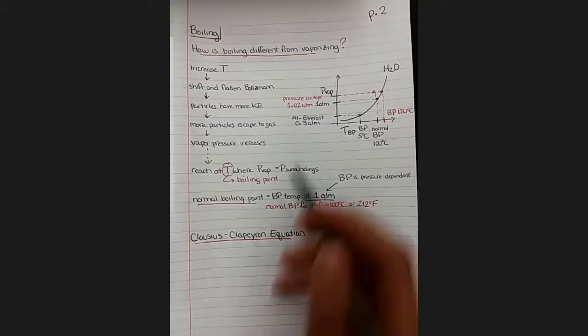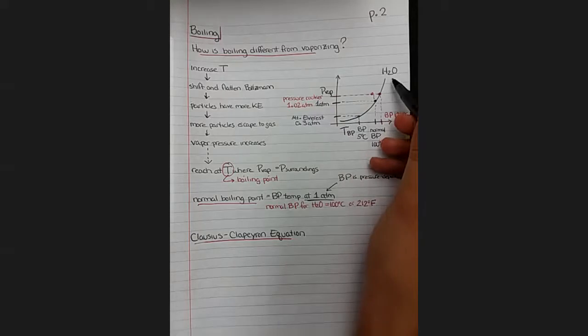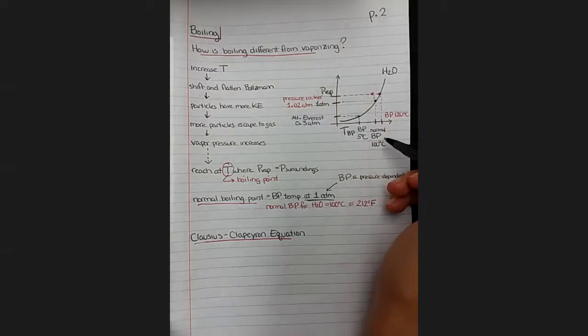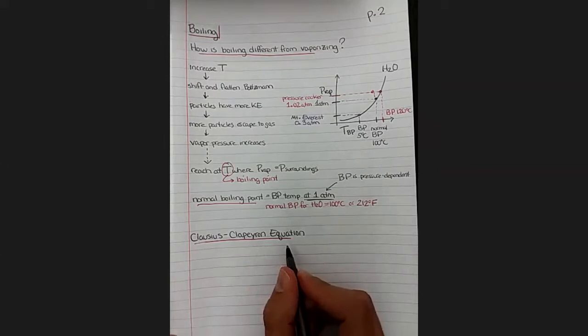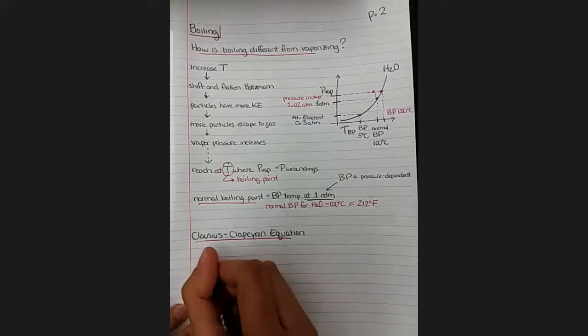And so this logarithmic curve of the pressure of the vapor versus the boiling point has a name. And the equation that we use is the Clausius-Clapeyron Equation, named after two folks who modeled it.